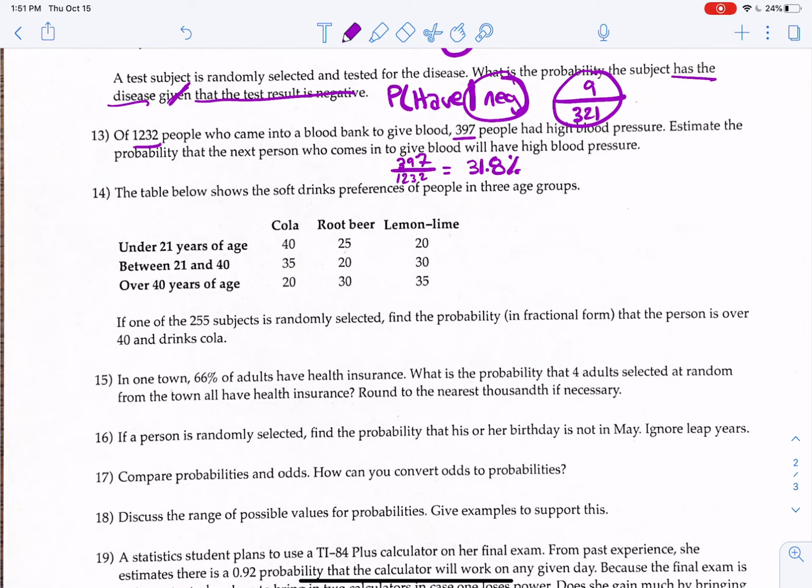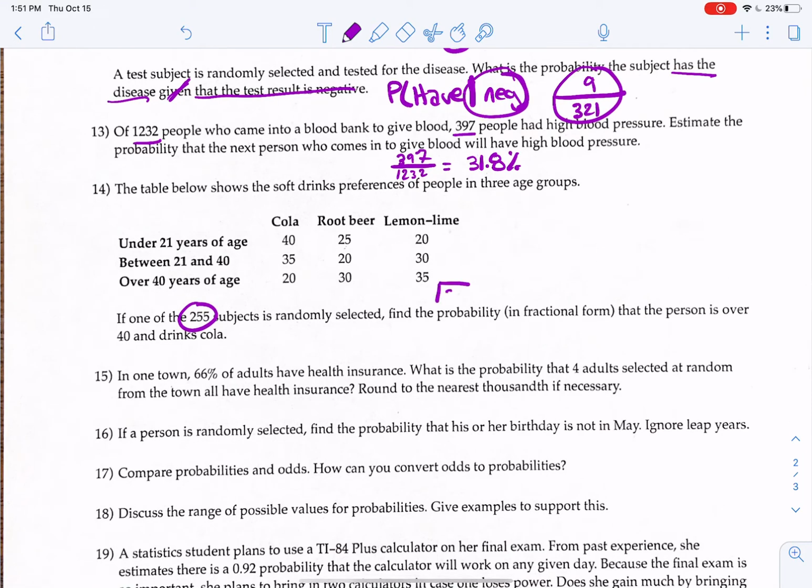Here is another contingency table, like a 3x3 frequency table. If one of the 255 subjects, which I'm going to put down here in the corner, is randomly selected, find the probability in fractional form that the person is over 40 and drinks cola. Normally we say that and means multiply, but we are only looking at one person. Which number in this table is over 40 and drinks cola?